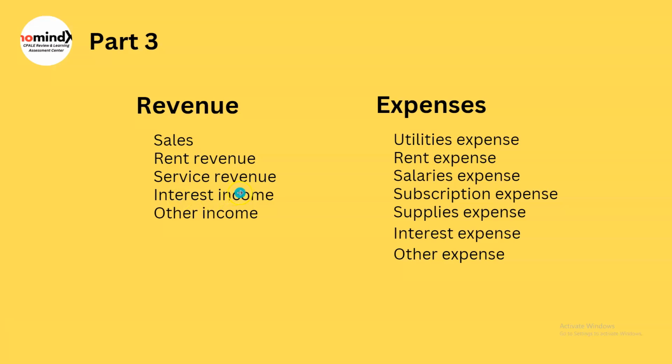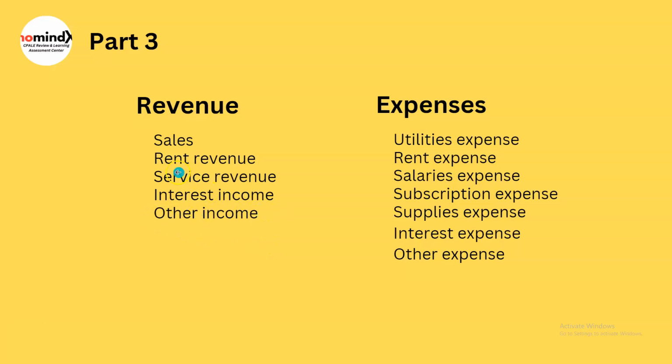The interest income, you could use interest revenue or interest income if you are in the financing business. But if you're not in the financing business, interest income is used if you have interest income from your bank deposits, long term or short term.